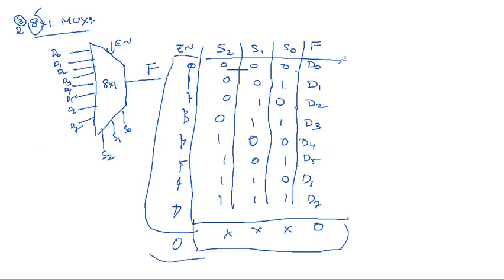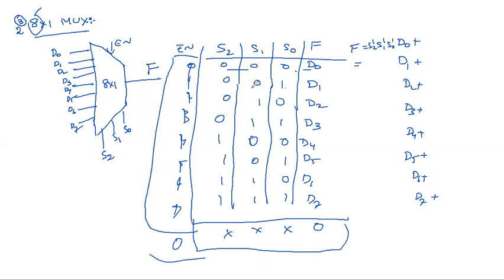Now the expression: F is equal to D0 plus D1 plus D2 plus D3 plus D4 plus D5 plus D6 plus D7, right? Like this is the expression. Now D0 occurs when S2 S1 S0 is 0, means S2 bar S1 bar S0 bar.